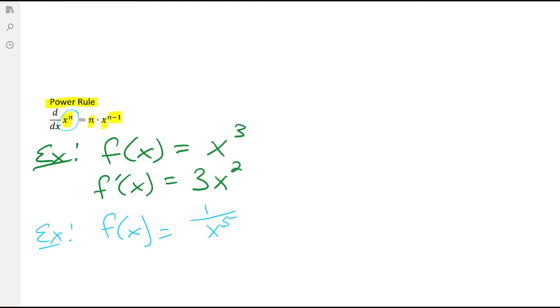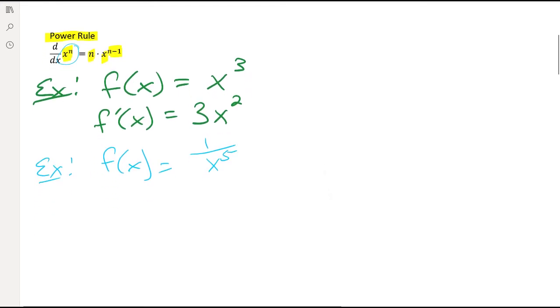So our first step here is to rewrite this function, and we're going to use a property we know from algebra. If we have 1 over x to the nth power, and we want to rewrite that, meaning take that exponential x to the n and bring it to the opposite location, we take the opposite of the power. So 1 over x to the n is the same thing as x raised to the opposite of that nth power.